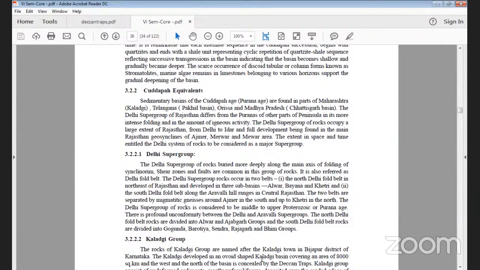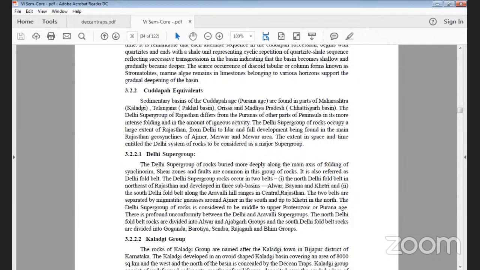In extent in space and time, the Delhi system of rocks is considered the main portion of a major supergroup. So here it is almost equivalent to that one. Second one is the Delhi supergroup.